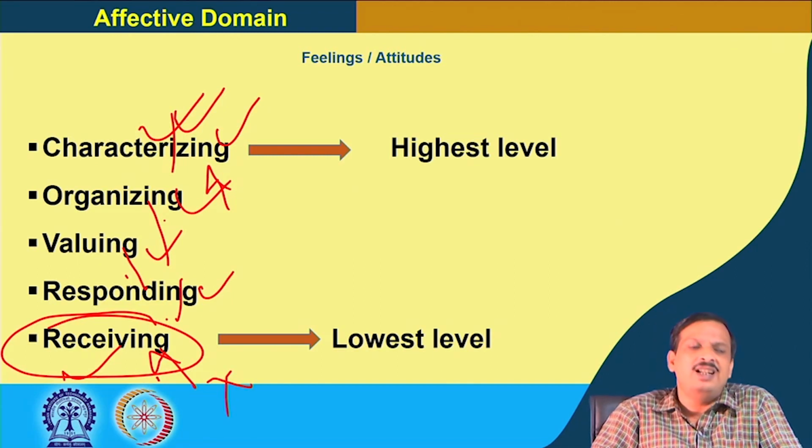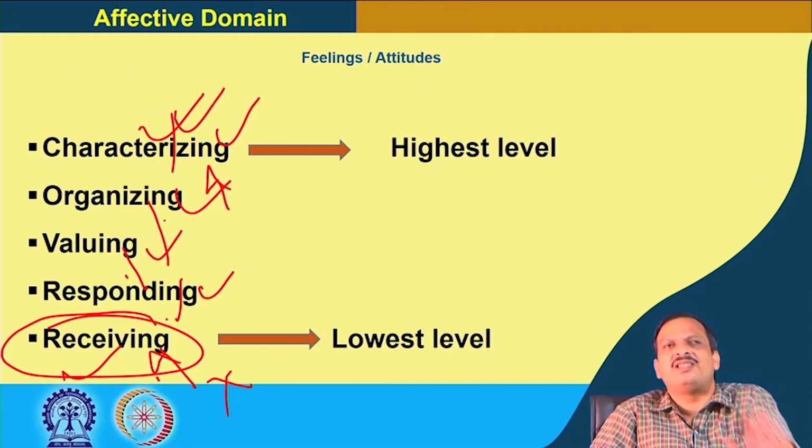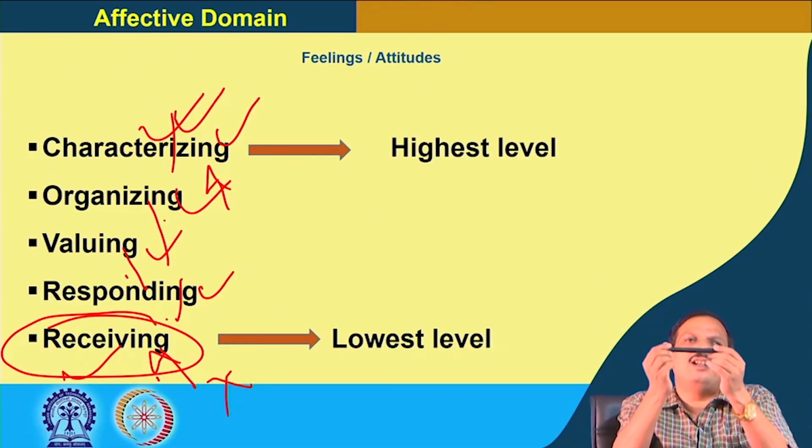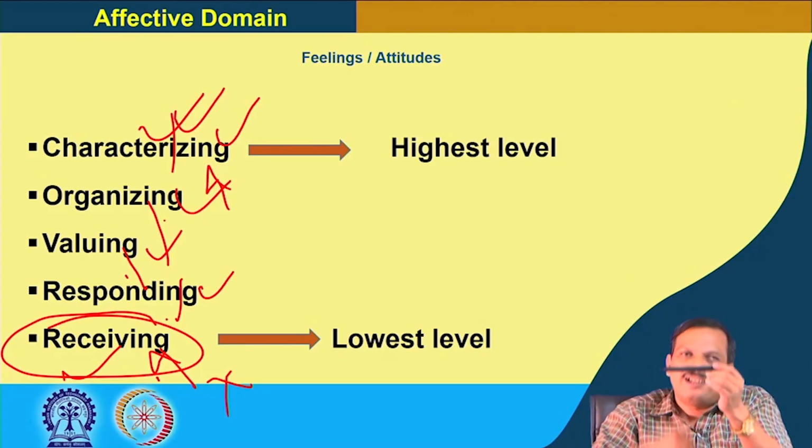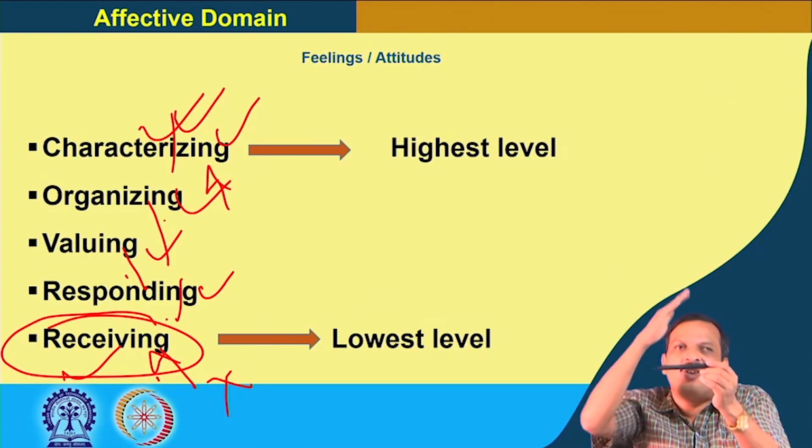And what are the subcategories? Receiving, responding, valuing, organizing, characterizing. How do you remember? Do not memorize the categories. Think about something written, doing this is dangerous for health. How do you develop your feeling on that statement?